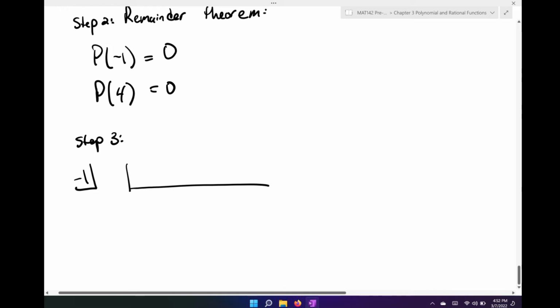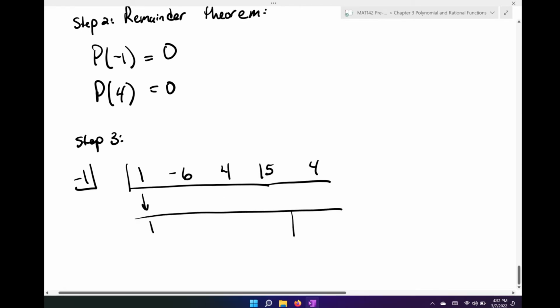So we have a 1, -6, 4, 15, and 4. We know this is going to be our remainder, and we also know that it's going to be 0 because -1 did work for us when we used the remainder theorem. So now it's just a matter of doing this.